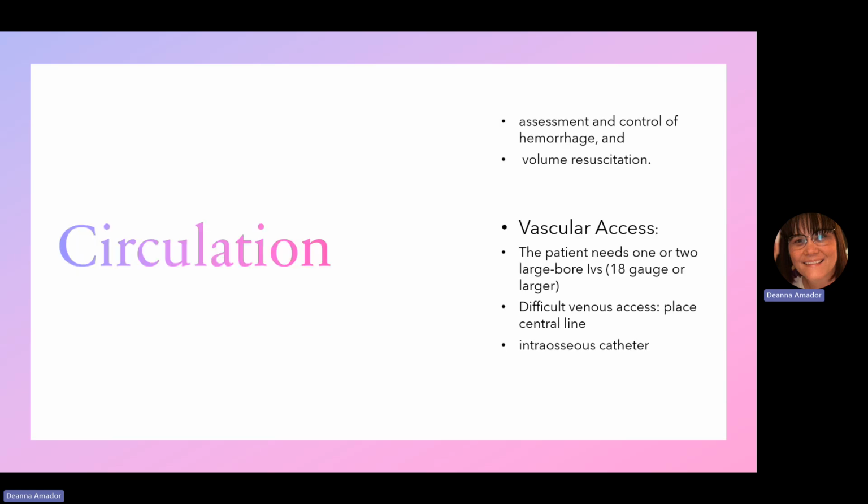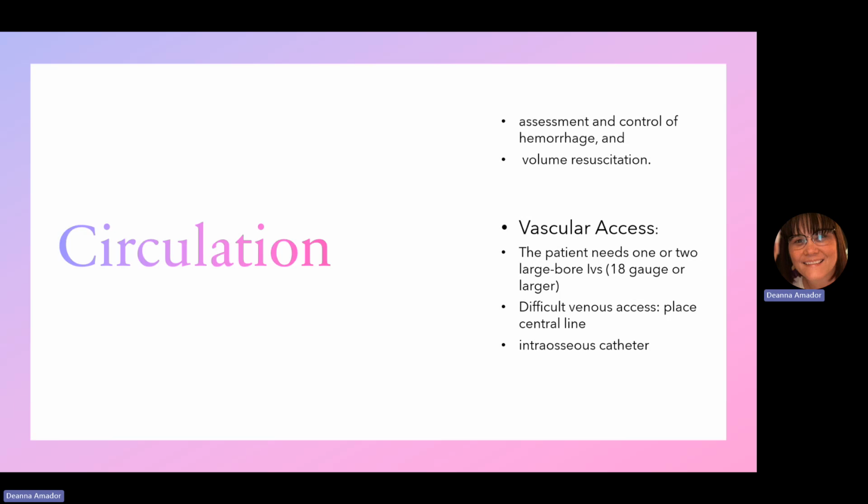Okay, next is circulation. So once we have adequate ventilation, then circulation is assessed. So we'll be looking at the heart rate, blood pressure, pulses, cap refill to check perfusion. If they're having some type of cardiac arrest, or if hemorrhage is there, then we're going to have to address that at this time.